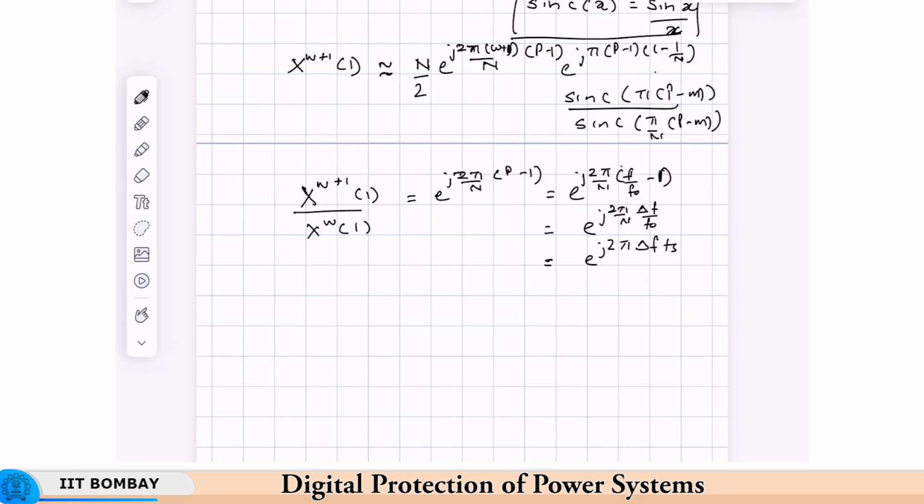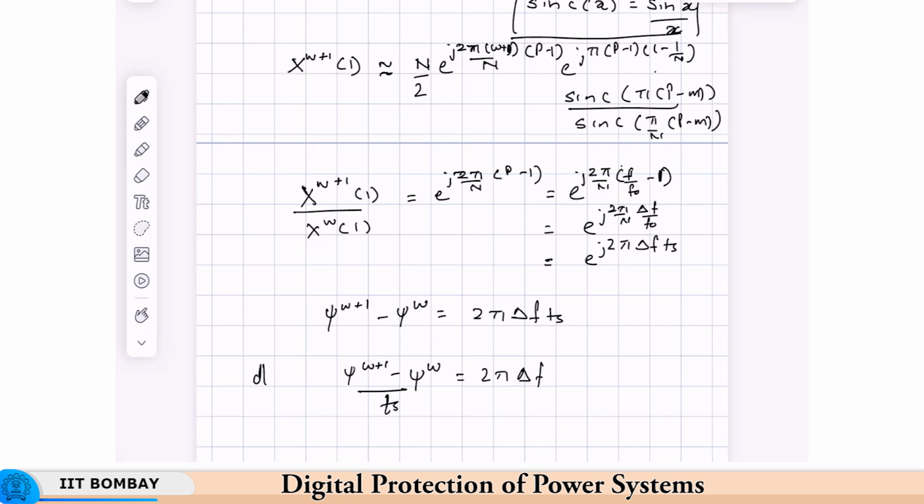So if we look specifically at the angles in the DFT, we get delta f ts, or in other words, this is actually nothing but d psi by dt.